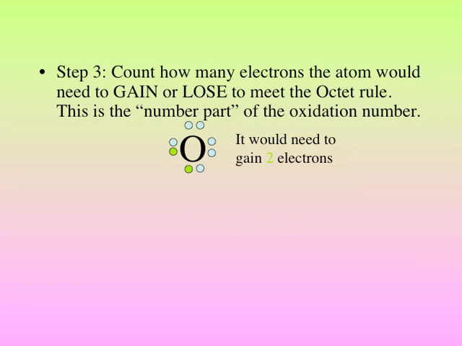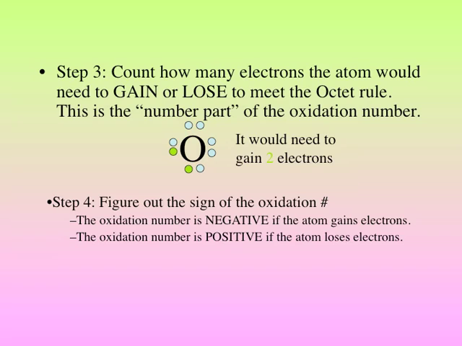So the number part of the oxidation number is going to be 2. To figure out whether it's positive 2 or negative 2, we need to look at the sign of the oxidation number. The number is negative if the atom gains electrons, and positive if the atom loses electrons. In this case, it gained 2 electrons. It got 2 more negative charges, so that oxidation number is negative.